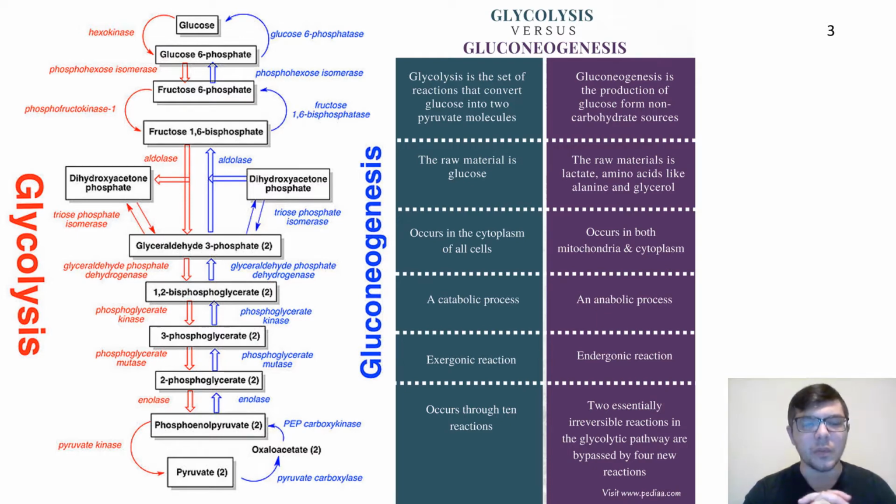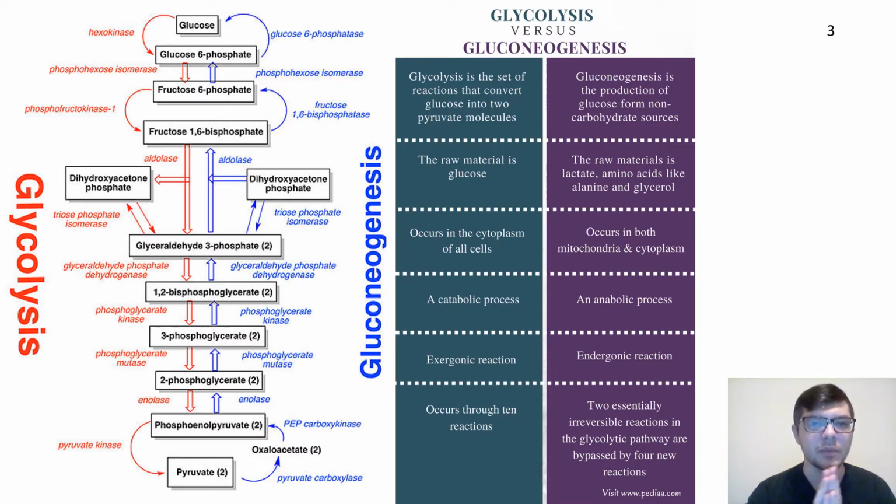So when we're looking at glycolysis and gluconeogenesis, you can think of them basically as opposites of each other. Glycolysis is the breakdown of glucose, and gluconeogenesis is the creation of glucose. And if you look, that's why this picture on the left has two parts.